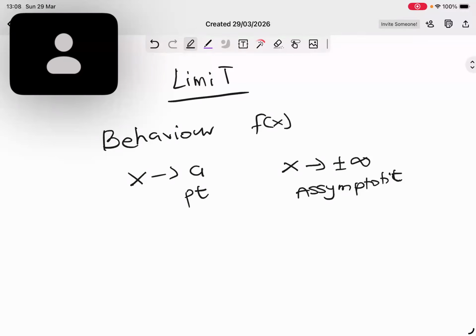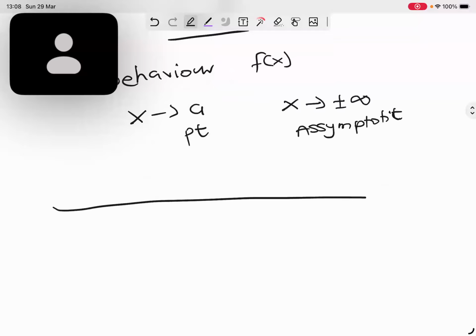So basically, how we understand limits when x is approaching a number a is, let's go back to our number line. So we have a here. There are two ways that the variable x can approach a. The variable x can approach a from the negative infinity direction, and we can also approach a from the positive infinity direction. This is what we mean.